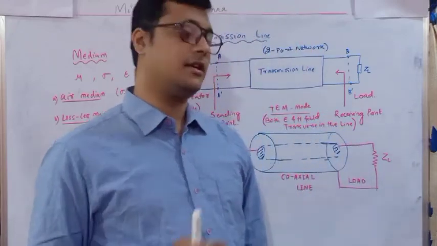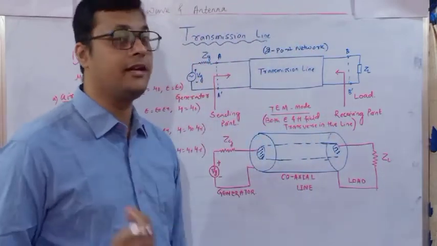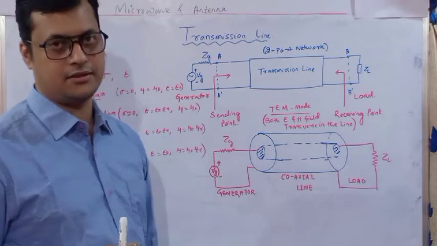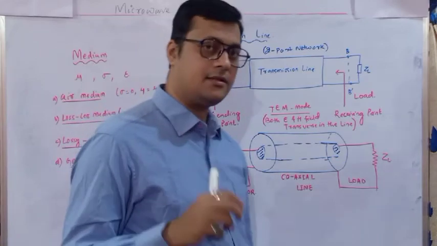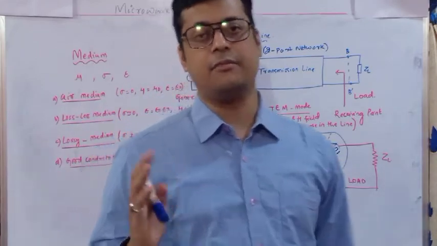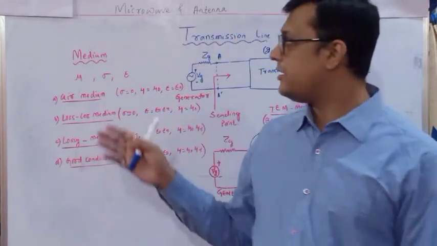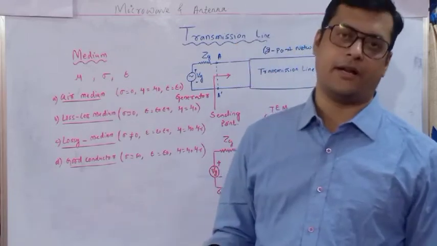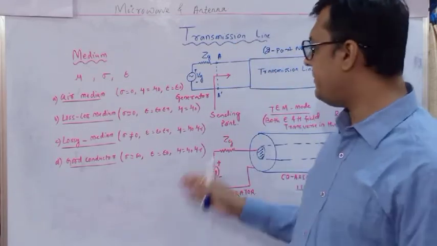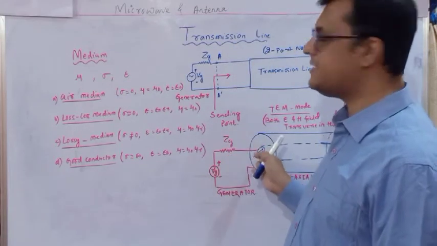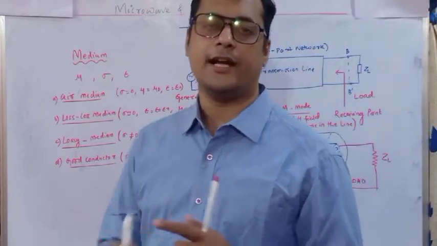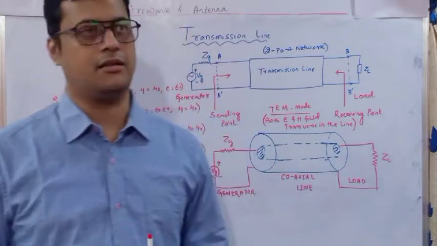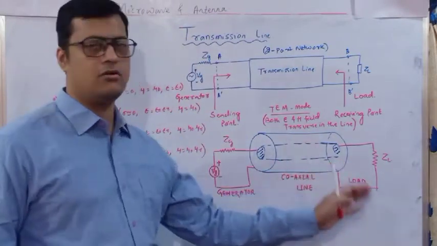But now we are going to discuss the medium, how to identify the mediums. In the first lecture I discussed some parameters and some mediums, the mediums in which the wave is going to propagate. When the potential is delivered here, the electric field and magnetic fields are generated, and they carry my information toward the load direction.